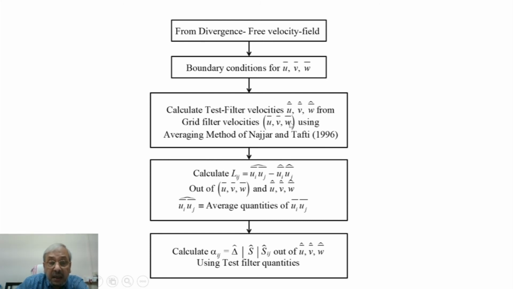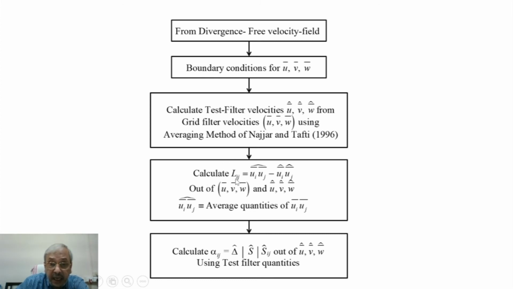Now the test filter, as I said, is double the size of the grid filter, but these values are not computed; they are basically evaluated through a very powerful interpolation scheme. And this method was very effectively described by Najjar and Tafti in 1996: how to create test filter level values from the grid filter values.